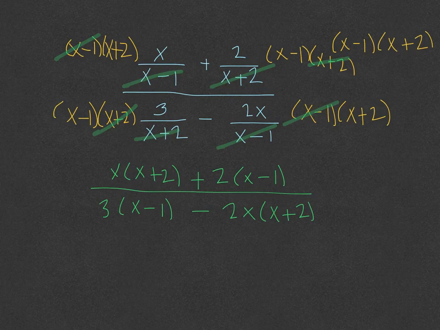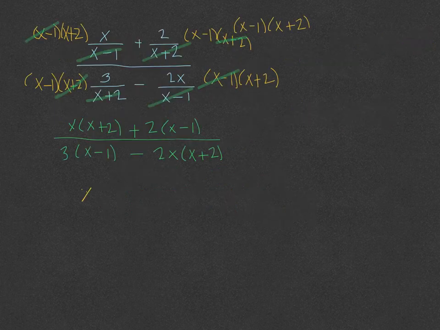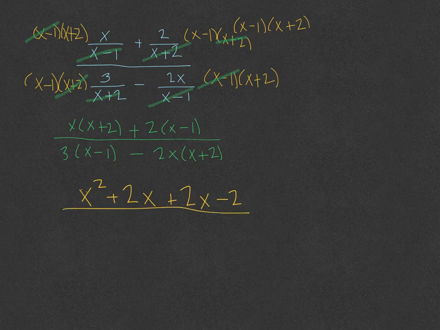Okay, from there we need to start doing the distribution. So we will have x squared plus 2x plus 2x minus 2 over 3x minus 3 minus 2x squared minus 4x.